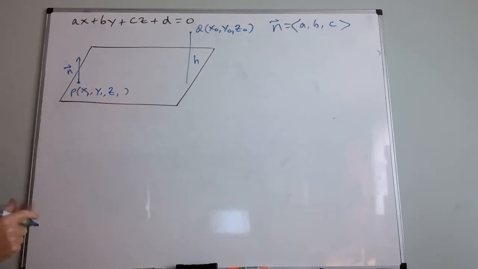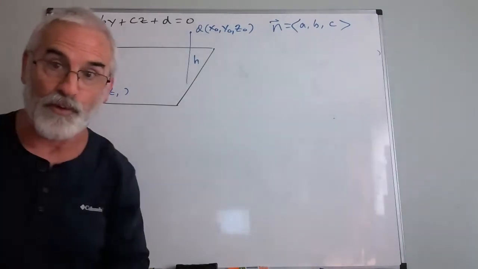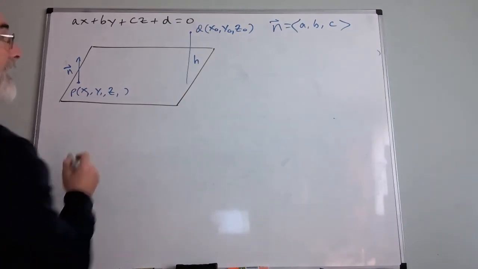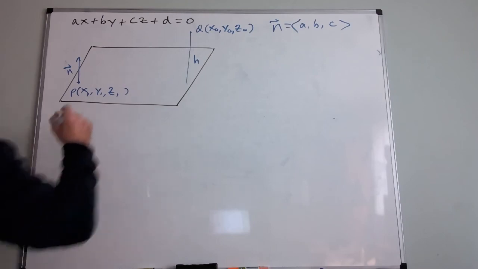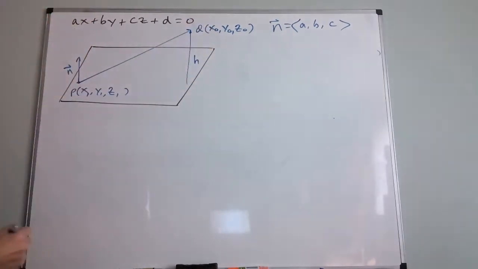P is any point that satisfies this equation, but think of P as a particular point. P is not directly under Q. Nope, not at all. Okay, so what am I going to do in this case here? Well, what if I said, let me draw that vector. That vector is PQ.